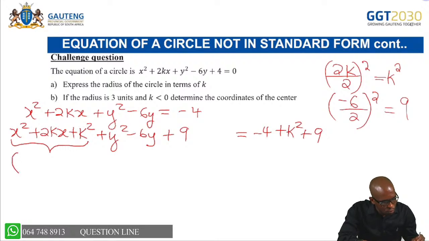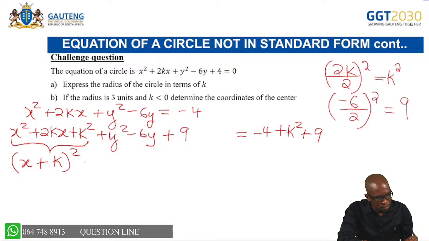So we take the square root of x squared, that is x. We take the sign of the middle term, that is plus, and then we take the square root of the last term, in this case k, and then we square the result. Moving on. For y, we're going to take the square root of the first term, that is y, and then we take the sign of the middle term.